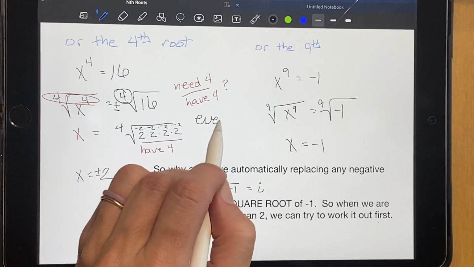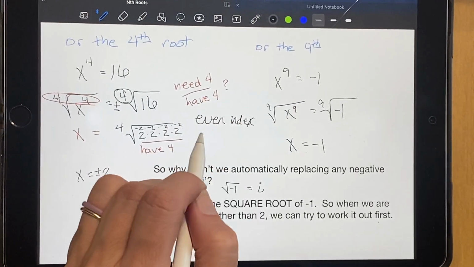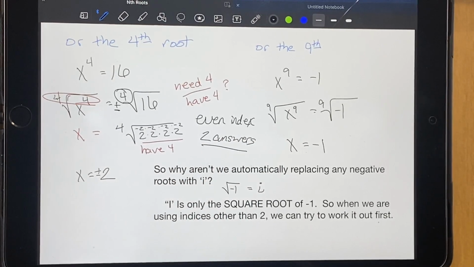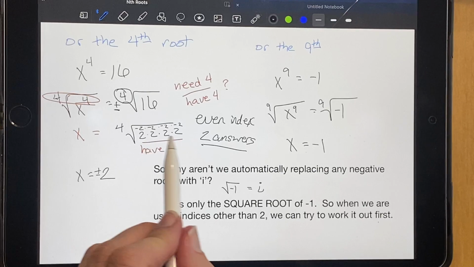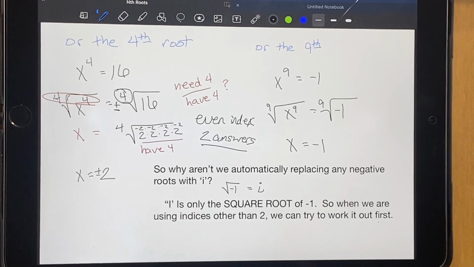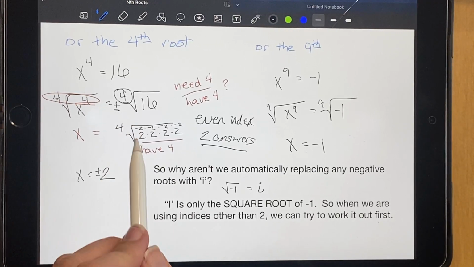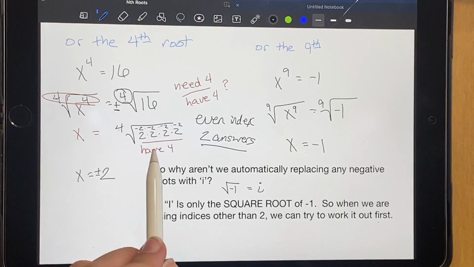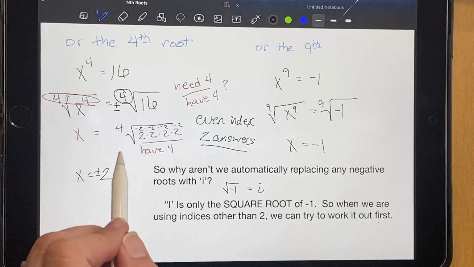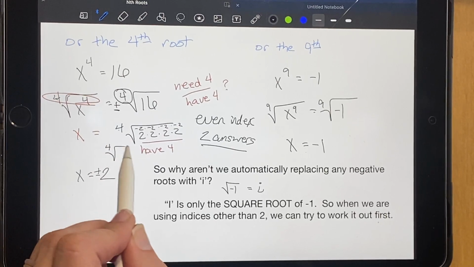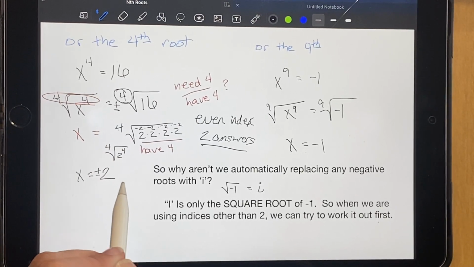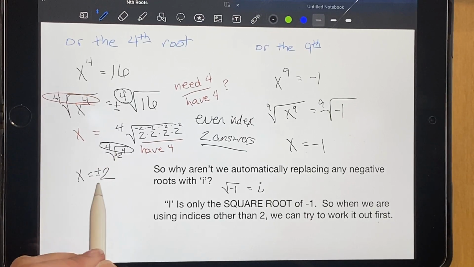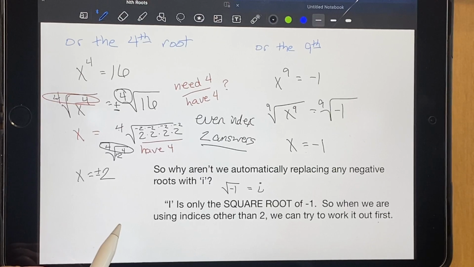Because anytime we have an even index, we are going to have 2 answers every single time, because we can have a positive answer that will get us there, and we can have a negative one that can get us there. So I've rewritten it out as 2 times 2 times 2 times 2. So I need 4, I have 4, my answer is 2. We could have written it as the 4th root of 2 to the 4th, plus or minus 2 to the 4th. Those would match. So our answer is 2, so we'd have plus or minus 2.